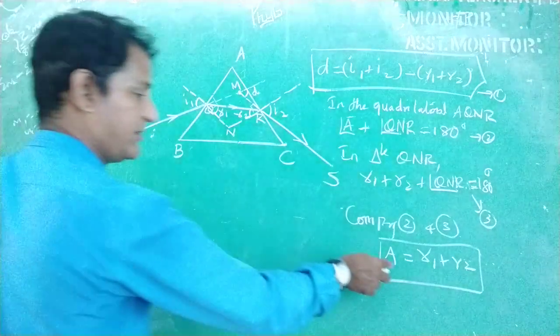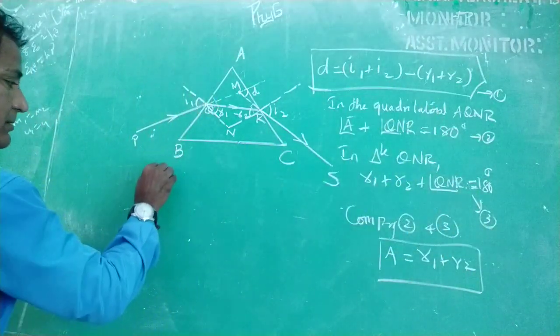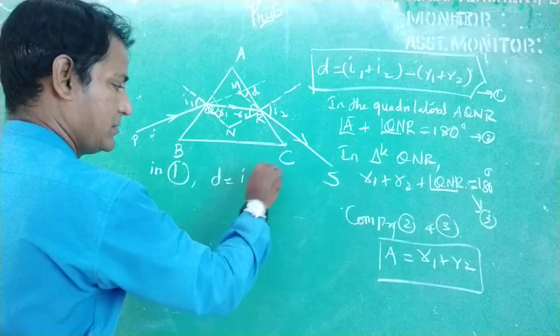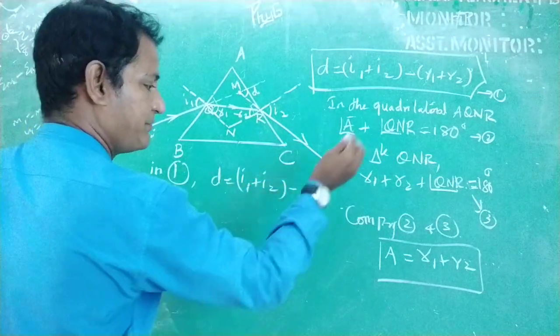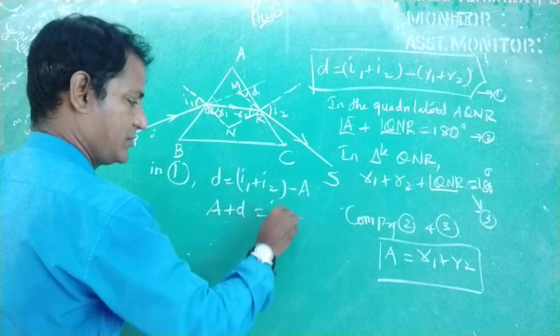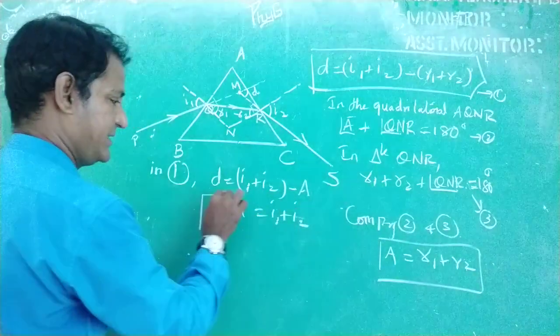Let me substitute the value of A in equation 1. So D is equal to I1 plus I2 minus A, or A plus D is equal to I1 plus I2.